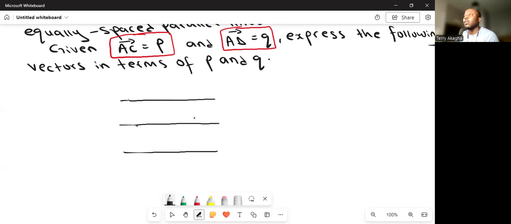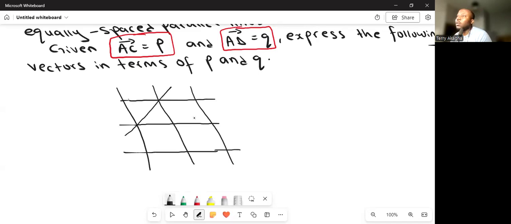Then we had some other parallel lines this way, another parallel line this way, and another this way.